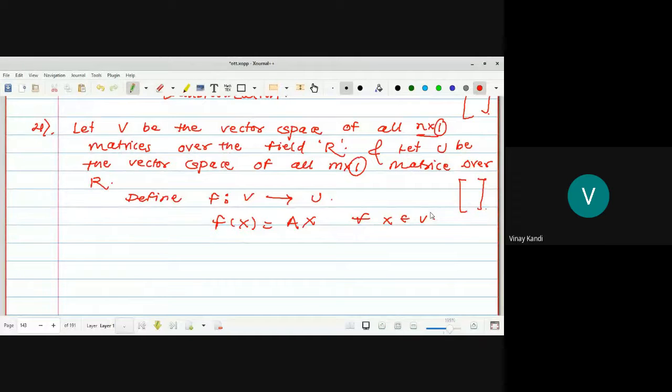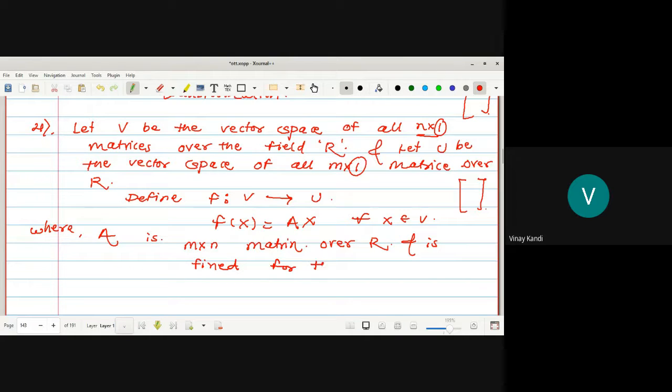Write down where A is an m cross n matrix over the field R, and is fixed. So fix the matrix A for this map.